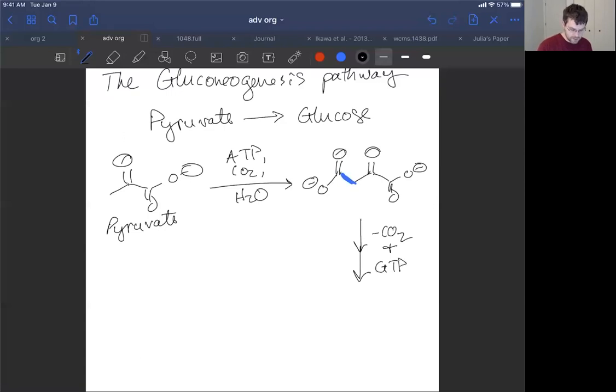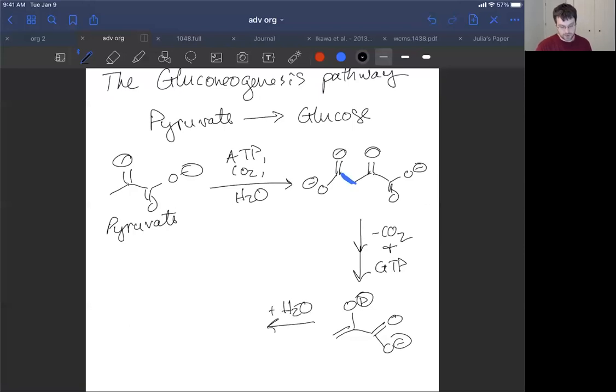Okay, so what do we get at this point? What we form is the phosphoenol pyruvate, which was a late stage intermediate in the formation of pyruvate from glucose. Okay, so now we start going back in time. We're going to have H2O add back.